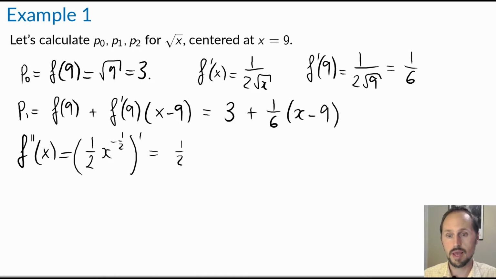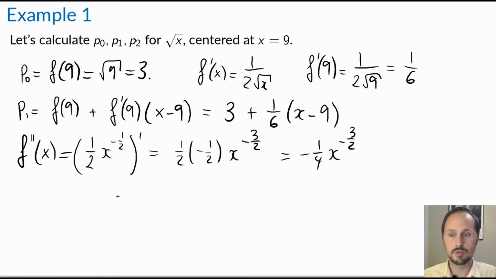We're going to get 1/2, and then we're going to multiply by -1/2, and we're going to get x to the -3/2. So that's going to be -1/4 x to the -3/2. And we're going to want to evaluate that at 9. So that's the next calculation we need to make.